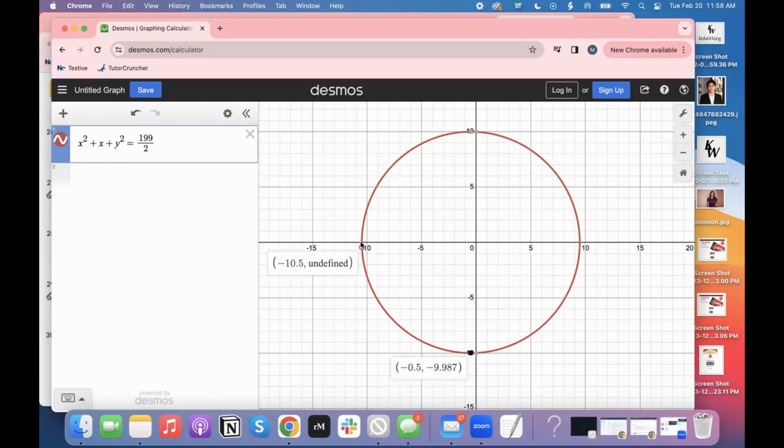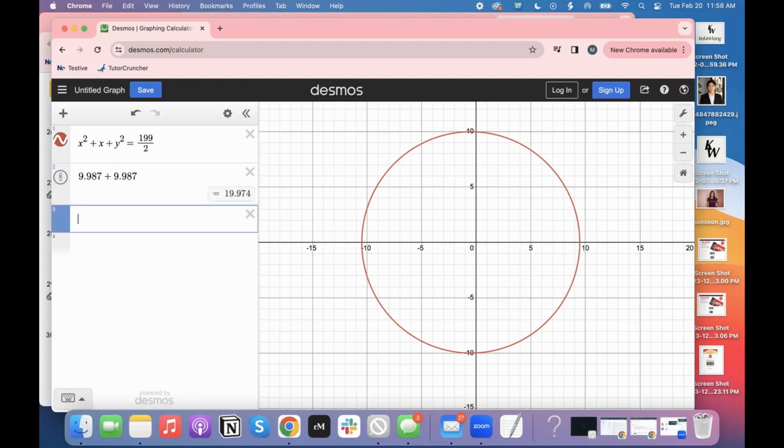On the side, we have negative 10.5 and something. Okay, it gets funky. And then we would find the center. The best way is to actually just ignore the center and just see the difference, 9.987 plus 9.987, and that's 19.974.